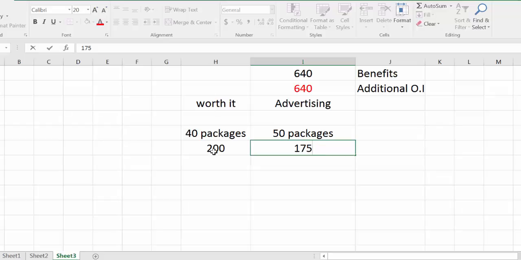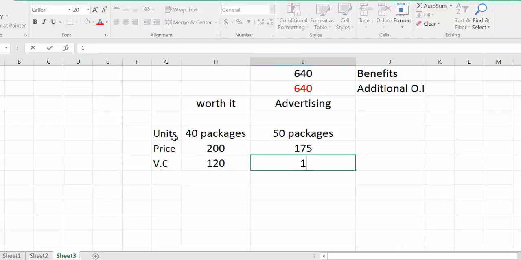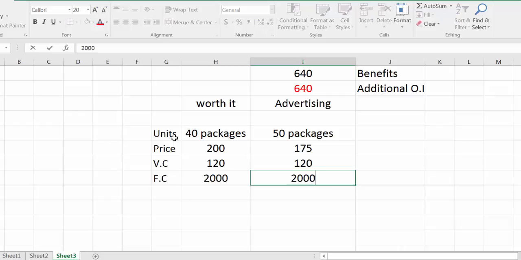Let me put some information here: units, price, and variable cost per unit, which I think is still 120. And fixed costs, we're looking at 2,000. Emma still has to pay 2,000 to rent the booth to sell packages.